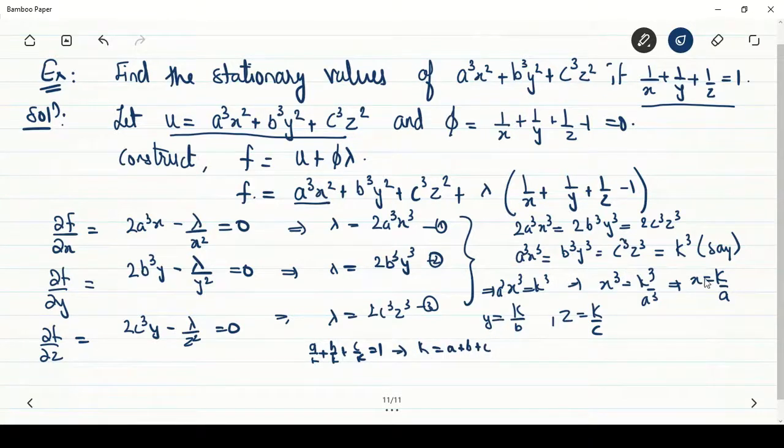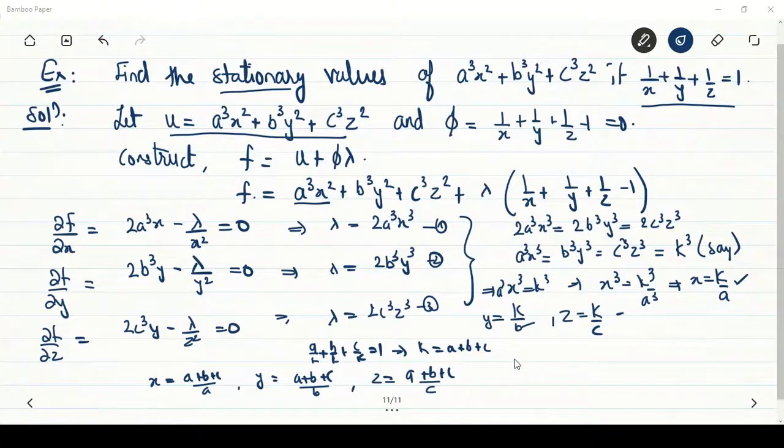Substituting the value of k, we get x equals a plus b plus c upon a, y equals a plus b plus c upon b, and z equals a plus b plus c upon c. These are the stationary values of u, which is what we wanted to find. This is how we apply Lagrange's method to find the stationary value of a function.